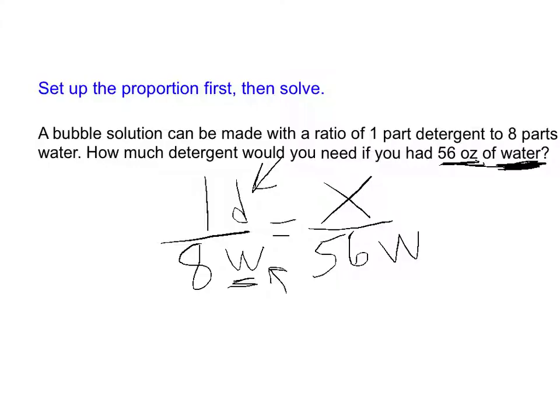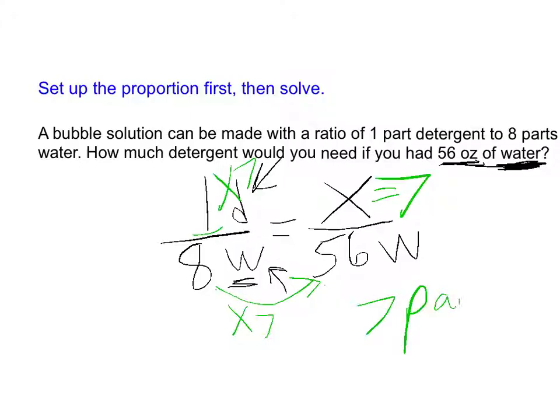Personally, I think the fraction method will work very well here. So what do I multiply 8 by to make 56? I multiply it by 7. Whatever I do on the bottom, I'll do on the top. So 1 times 7 is 7. So my answer is 7 parts detergent, and we don't know what they're measuring with.